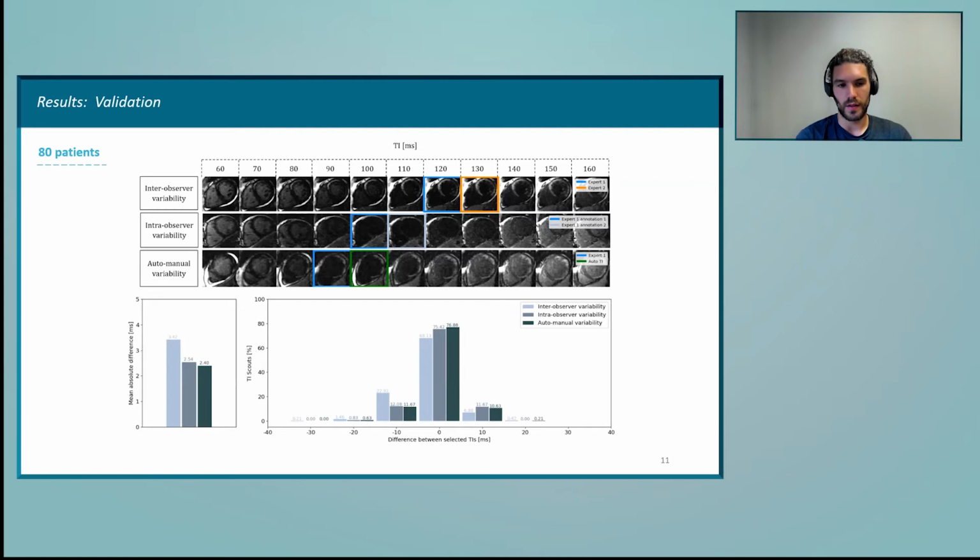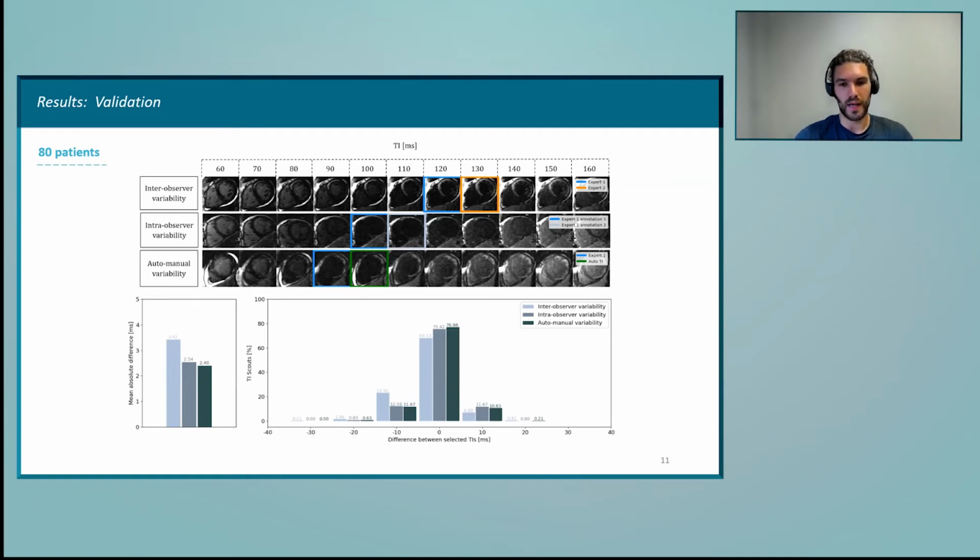And the only statement that we can make is that in these specific cases, if we use this automated algorithm, we'll have a difference that is similar to or less than the difference between 2 observers manually that you would observe in clinical practice. It could be nice to test it with more observers to be sure that we don't have a bias. But again, we have quite a consensus. It doesn't seem that one always selects a good one and the other is far away.